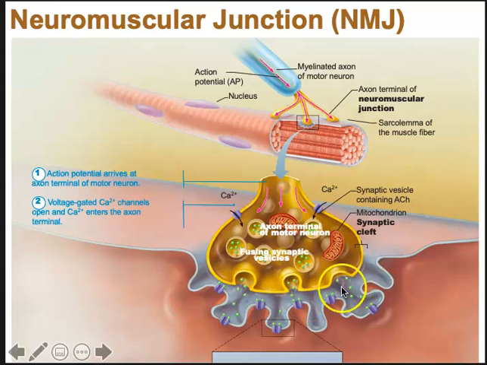Acetylcholine is released into the synaptic cleft at the motor end plate. Acetylcholine binds to the acetylcholine receptors on the sarcolemma at the motor end plate, which opens these chemical gated channels. The opening of these chemical gated channels allows the greater influx of sodium than efflux of potassium, and we have a depolarization occurring at the motor end plate.